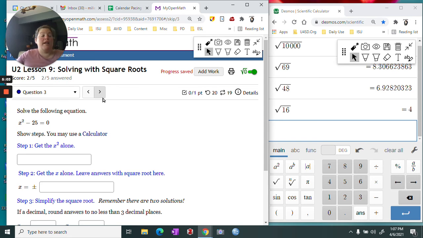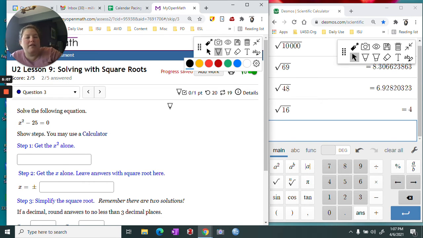So here, again, step 1 is get the x squared alone, but we have a little bit more in the way here because this minus 25 is with the x squared. So before we take the square root of both sides, we want to get rid of that 25. So remember your equation solving skills.